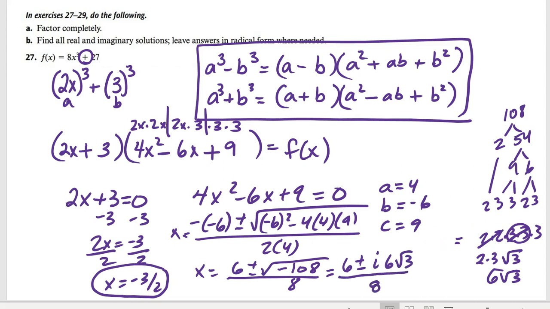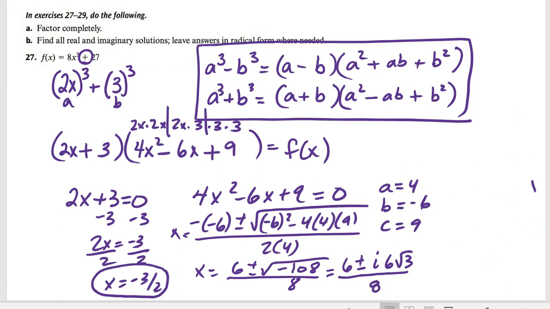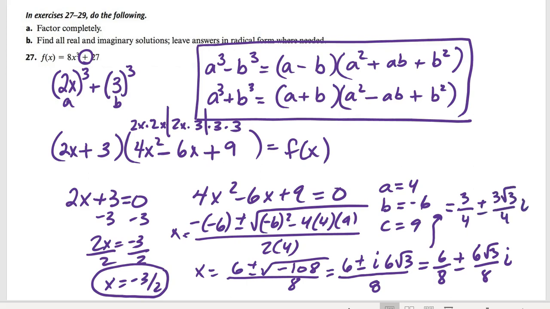Let's clean this up. Give myself a little more room. So if I simplify this, this is the same thing as saying 6 divided by 8 plus or minus 6 square root of 3 over 8 times i, which we can simplify as 3/4 plus or minus 3 square root of 3 over 4 i.